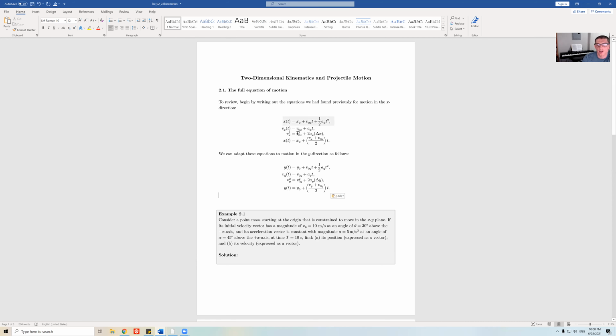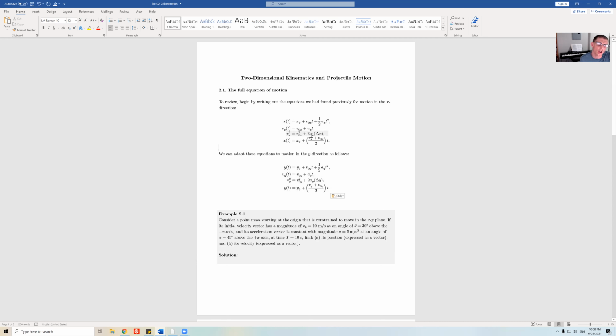These equations are exactly the same, except everywhere I have an x here, I have a y here. This is perfectly valid, because there's nothing really unique about the x direction. We said that from the beginning.